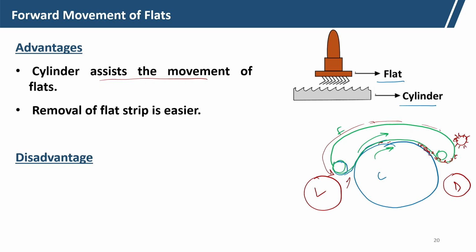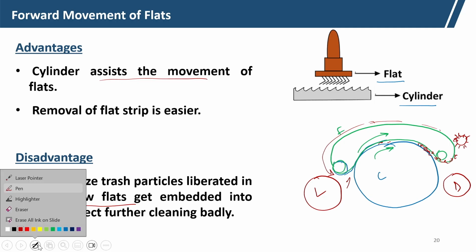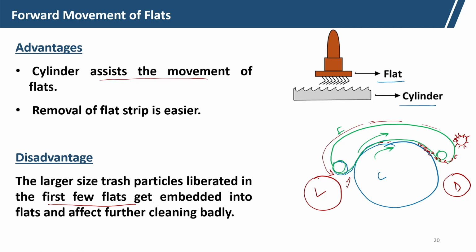And the disadvantage is that large size trash particles are liberated at the first few flats. Now, suppose from the Licarin, along with the fiber, one large size trash particle is coming, and this large size trash particle liberates at the first few flats.